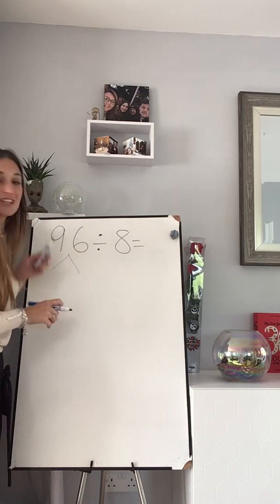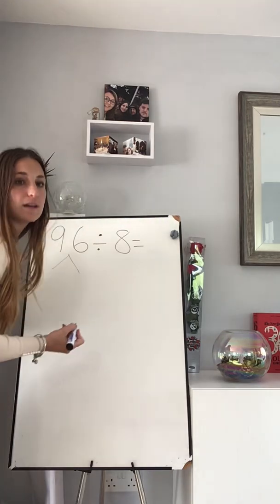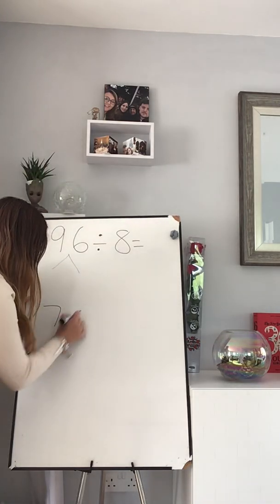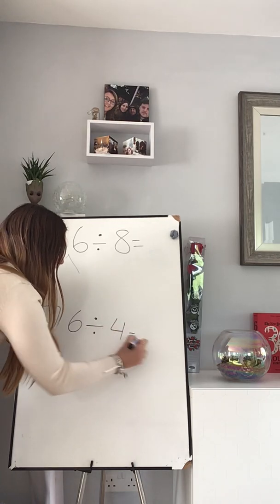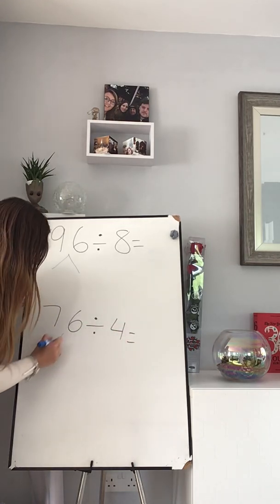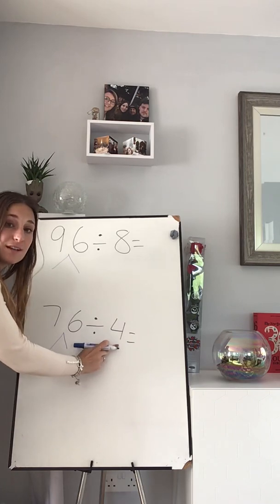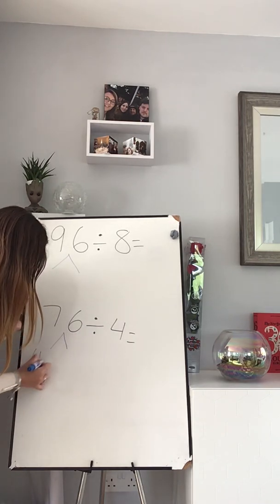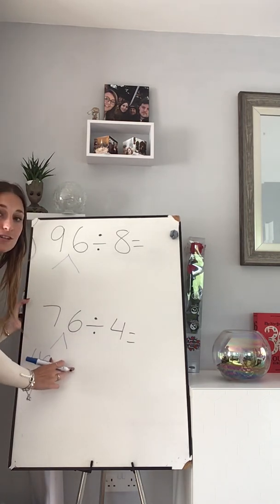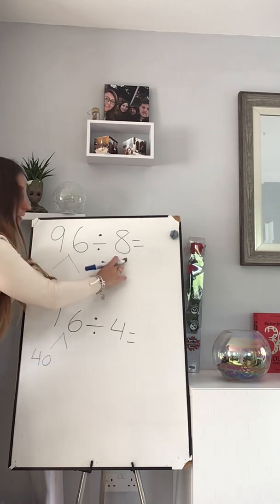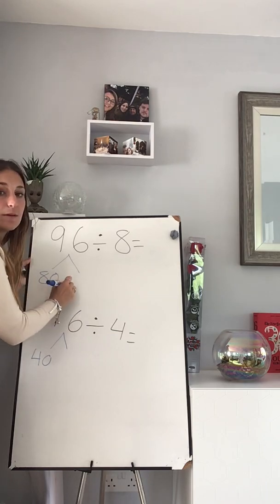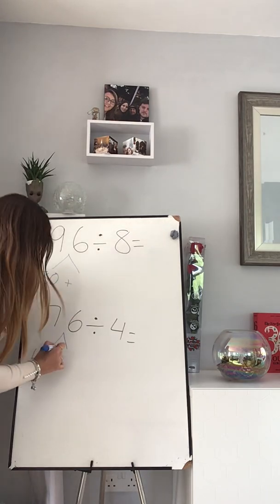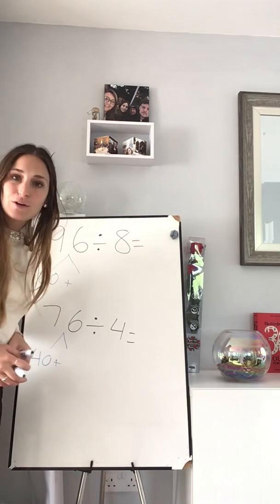You're going to partition it, and the other one is going to be 76 divided by 4, and you are going to partition it. If that is 4, you will partition it into 40, and what else you need? 76. And if that is 8, you will partition it into 80, and whatever else you need to make 96. Okay, go for it.